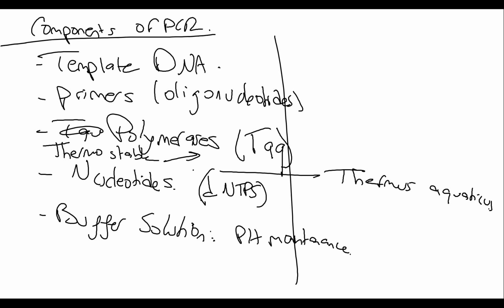The tools are the template DNA, which is cut with the restriction enzyme and used to amplify the sequence; the primers, or the oligonucleotides; the polymerases like the Taq polymerase, which are thermostable, able to remain stable in front of high temperatures, derived from Thermus aquaticus; the nucleotides, the building blocks used to synthesize the new strand; and the buffer solution for pH maintenance in the PCR.